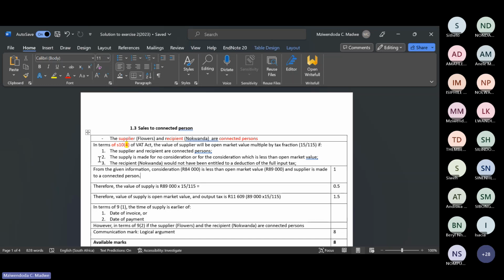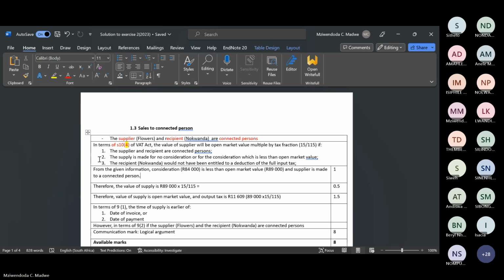Then you say, in terms of section 10, subsection 4, the value of supply will be open market value multiplied by tax fraction if the following requirements are met.